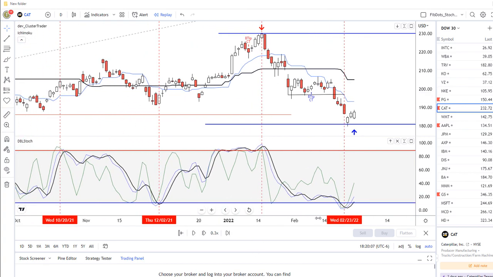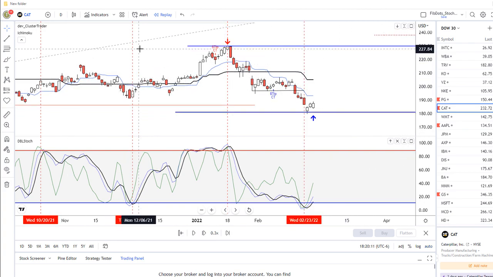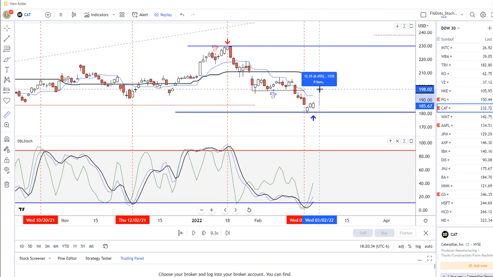All right, so let's tighten this down. Now, we talked a little bit about risk and reward. So this is what I want to show you. If I'm a buyer at this level down here, my risk is right here. So let's say we're going to risk $10 per share on Caterpillar. My stop's going to go below this price swing right here. Now, if I go for a $10 profit, I can reach my $10 profit, which is 1 times my initial risk here.